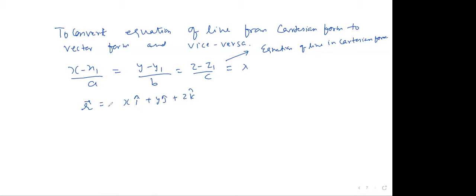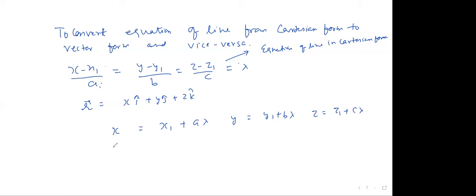Now from this equation, by cross multiplication, we have x equals x1 plus a lambda, y equals y1 plus b lambda, and z equals z1 plus c lambda.